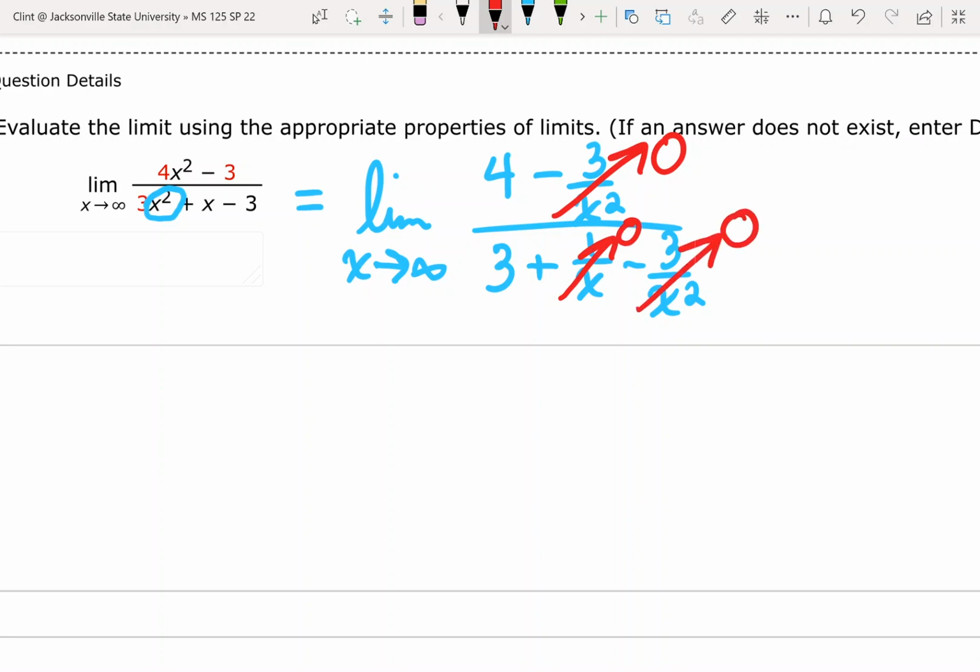The only thing that's left is the limit of 4 over 3, which is 4 over 3. Just divide by the largest power of x in the denominator, and then remember that property that anytime we've got a number over a power of x, it's going to go to 0.